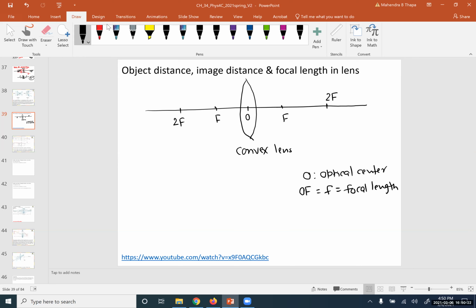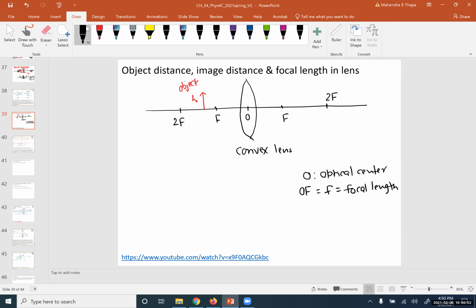Say I put one object somewhere, for example between F and 2F. This is my real object, and I say the height of the object is H naught.